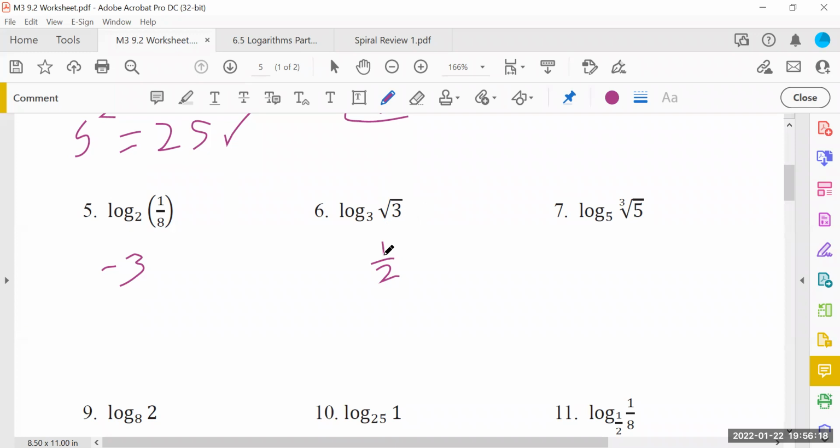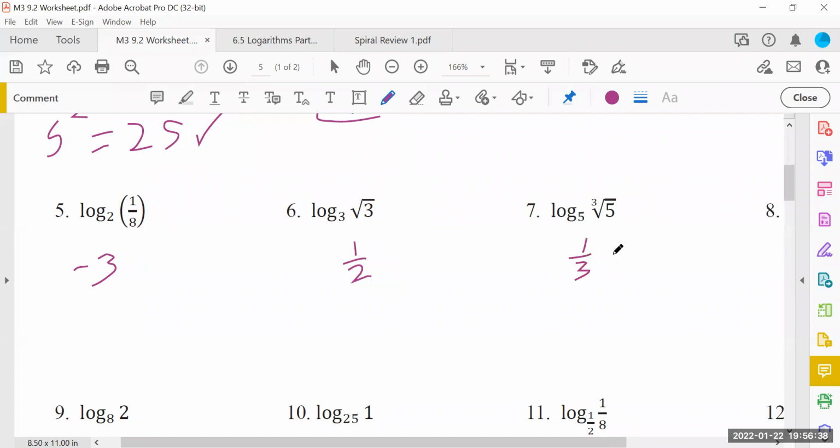If that one and the next one threw you off, don't be too worried about those. We'll talk more about those in the coming days as we work through. But again, a square root is a 1/2 exponent. So 3 to what power makes the square root of 3? Well, it's 1/2. The next one is the exact same idea, except it's a cube root. So it's the 1/3 power.